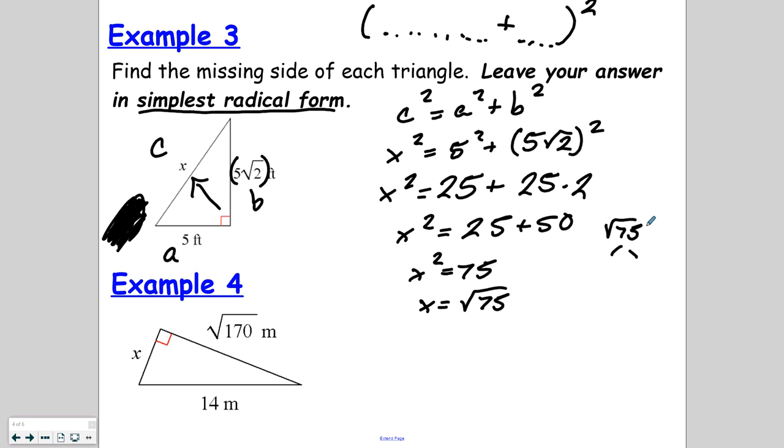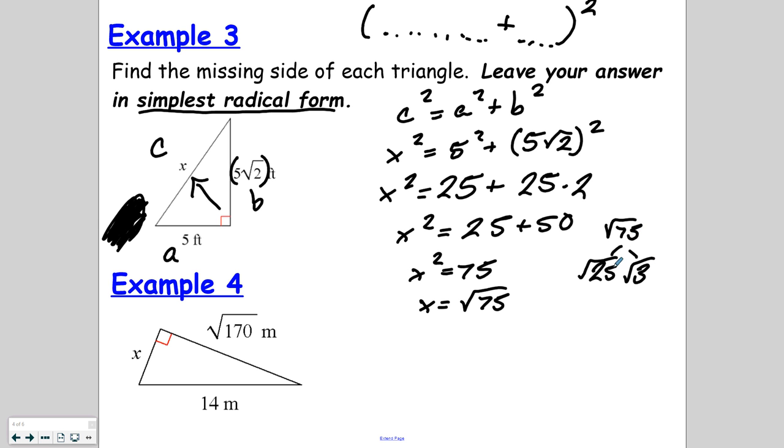Now taking out the biggest perfect square might be a little bit more difficult initially, but it's easier in the end result. We got to figure out what is the biggest perfect square factor of 75. And in this case, that would be 25. 25 times what is 75? Well, that's 3. So what we're really saying when we're doing this factor tree here is root 25 times root 3 is root 75.